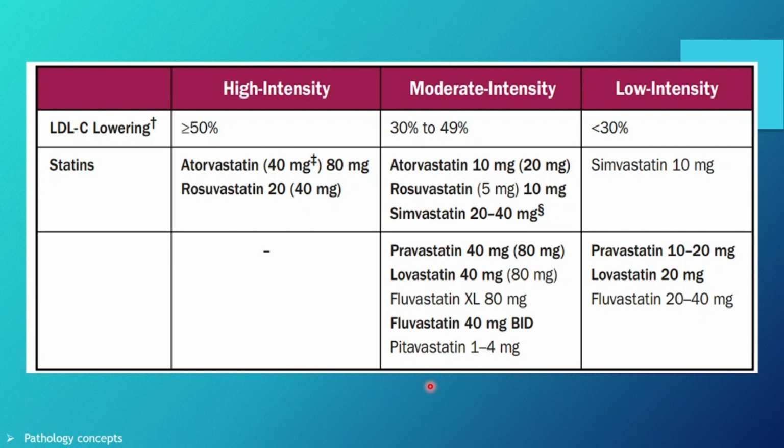In moderate intensity statins, LDL cholesterol lowering is 30 to 49%, and they are atorvastatin 10 to 20 mg, rosuvastatin 5 to 10 mg, simvastatin 20 to 40, and others are pravastatin, lovastatin, fluvastatin, pitavastatin. Low intensity is when LDL lowering is less than 30%, and it is simvastatin 10 mg, and others are pravastatin, lovastatin, fluvastatin.